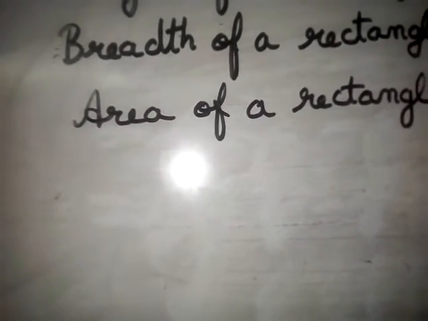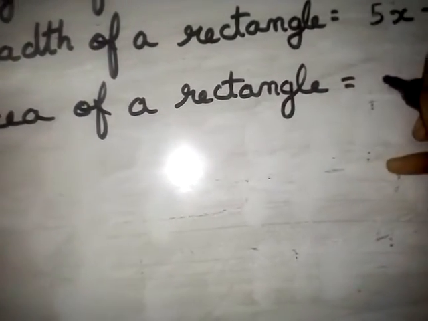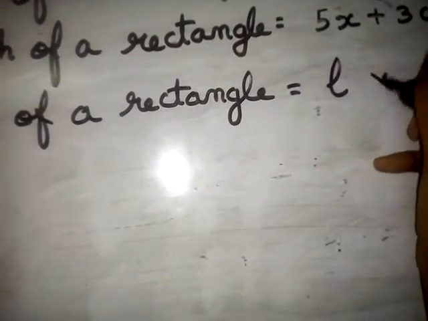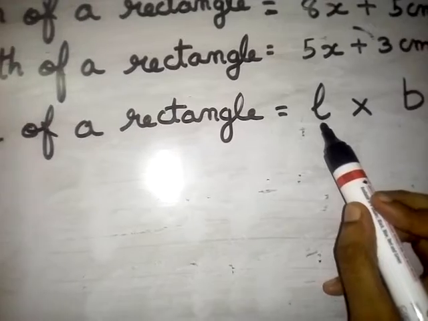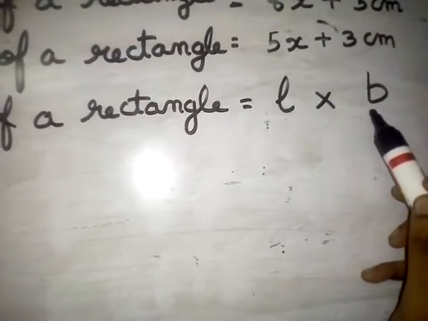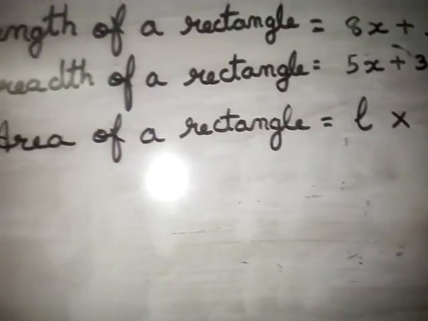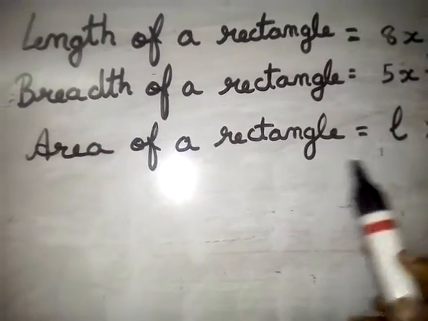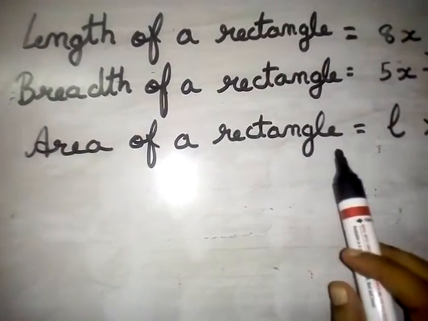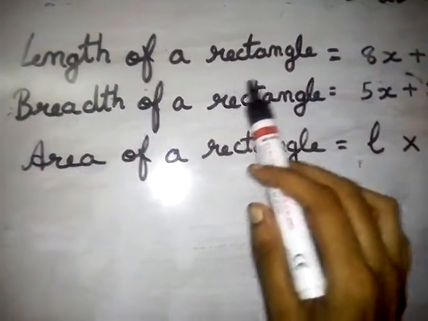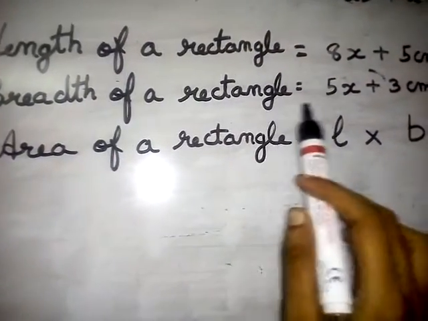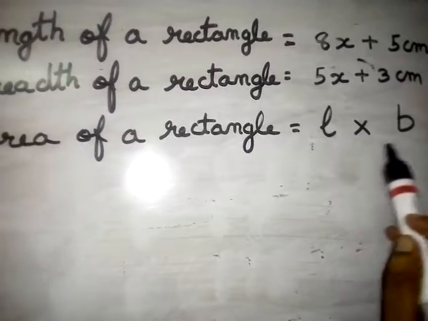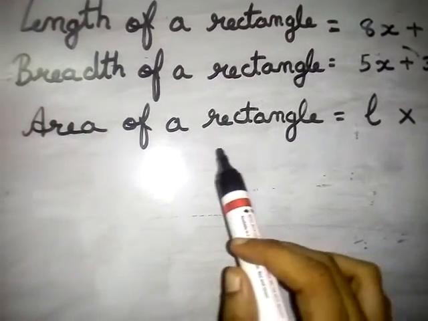Area of a rectangle formula is length multiplied by breadth. L stands for length and B stands for breadth. So according to this formula, write the length of a rectangle which is given, and the breadth which is given, in multiplication form.